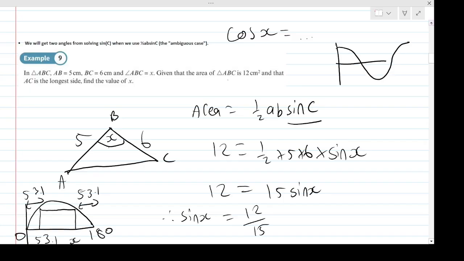So if I just cut that out and only go to the first 180 degrees here, if I draw any line, it would only cross it once, so there's no second intersection, so there's no second solution. But anyway, anything with sines, so anything to do with the sine rule or the area here, AB sine C, if we want to find an angle, there will be two angles, okay? So anyway, we'll just be on the lookout for that.